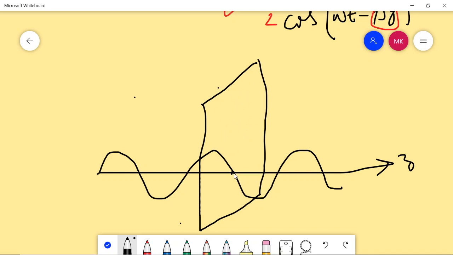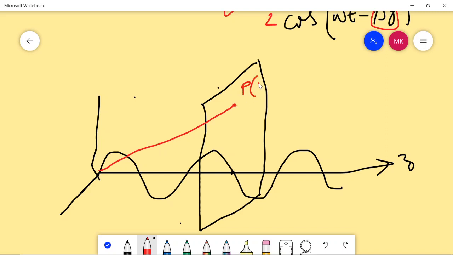So if it is 0 here, they will all be 0. So if this is the axis, then let's say this point is here, P you define. This is a point P, given as x, y, z. So how to find the phase of this point in general?